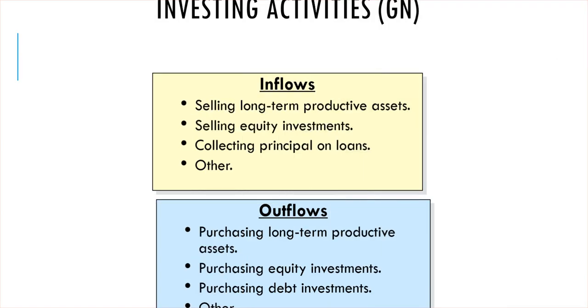Investing, whether you use direct or indirect, you're going to look at the inflows and the outflows of long-term productive assets. We tend to call that PP&E. So anything that's categorized as a long-term asset, transactions in those, and transactions in investments, other than the cash equivalent type items, are the things that you're really looking at.